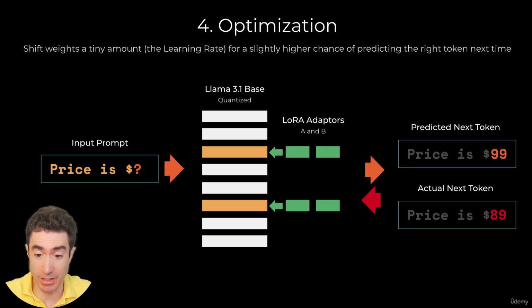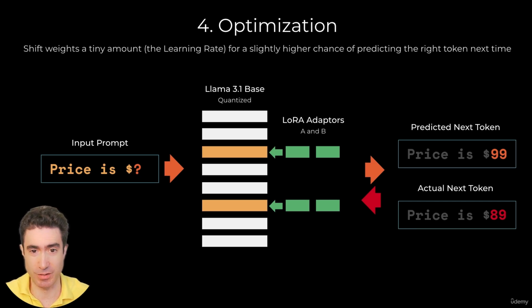And it's worth noting, of course, that the weights, the parameters that get changed, are the parameters in the LoRA adapters, the green ones. We don't actually change any parameters in the Llama 3.1 base. That is just too big, too many parameters. If you were doing ordinary fine-tuning, not LoRA based, then it would be the whole Llama 3.1 model that would need to have gradients calculated and be shifted during optimization.